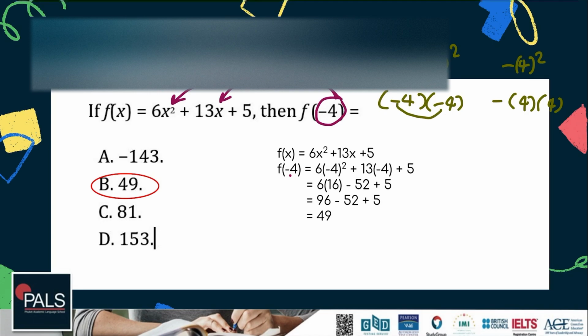Minus times minus is positive, so you get 16, but this one you get -16. It's not equal. Be careful. So you get 6 times 16 minus 13 times 4, because plus times minus is minus, so minus 52, plus 5. So you get 49.